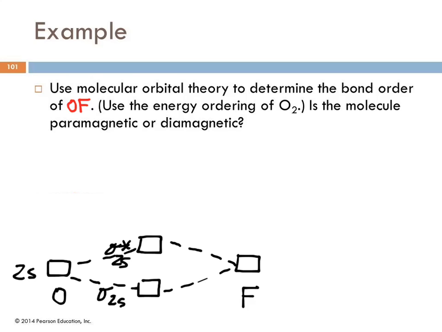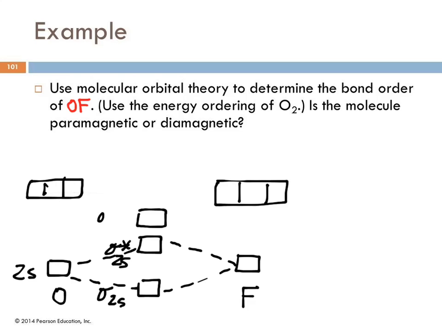And then we have the 2p orbitals, right? And they are higher in energy. And we're instructed to use the energy ordering of oxygen, but between oxygen and fluorine, it's going to be the regular order. And so we're going to have a sigma 2p, and then we're going to have the pi 2p, and then we're going to have the pi star 2p.